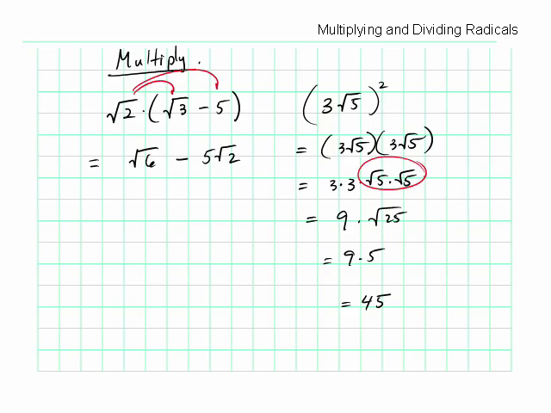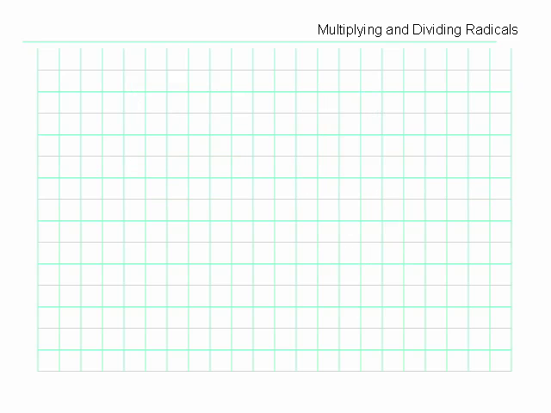Here's another. The square root of 6 times the square root of 10. Well, if I use my multiplication rule for radicals, that's the square root of 60. But sometimes you can simplify a radical after you multiply two of them together.